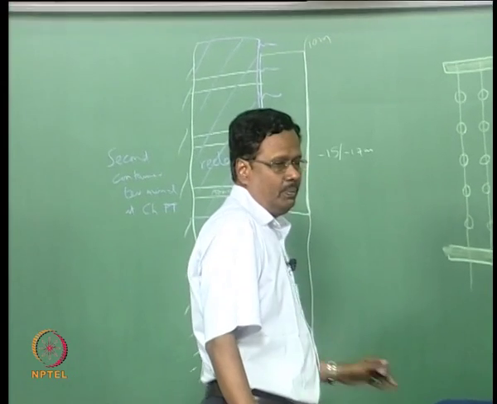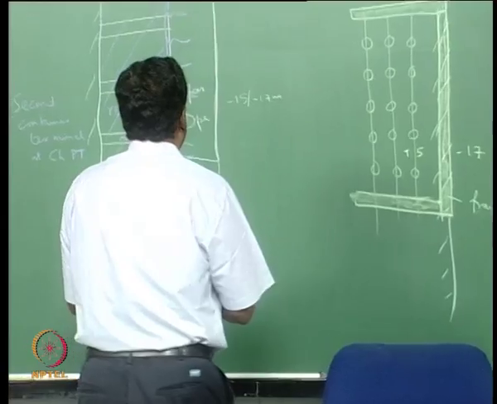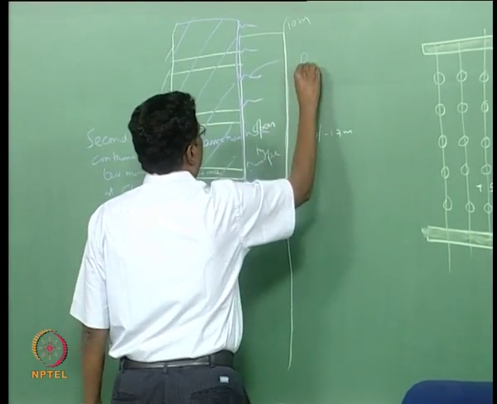This is the structure, and we put some tie back system for the mooring pull, and we fill this entire area with sand. Then we put some rock toe embankment, which is called rock fill. What we are giving here in the slope is rock fill.